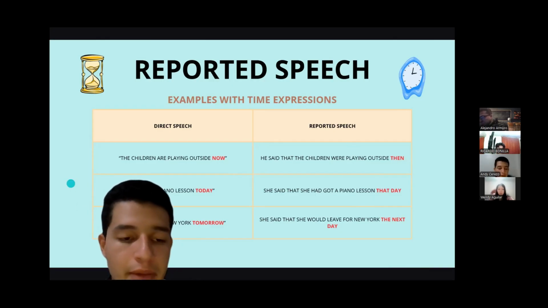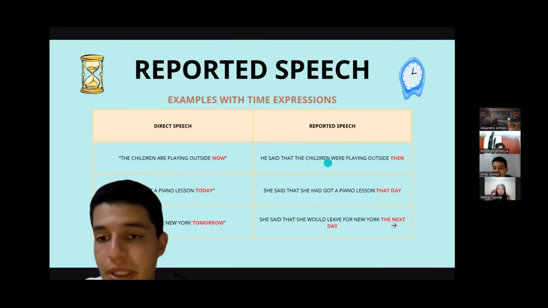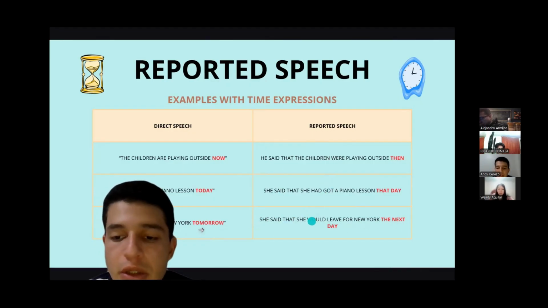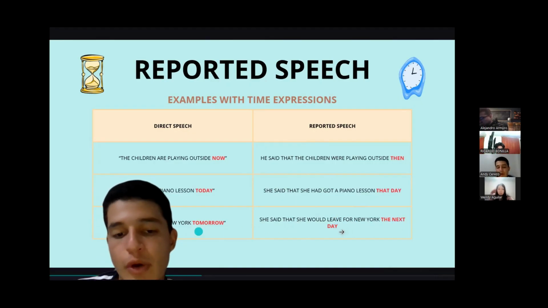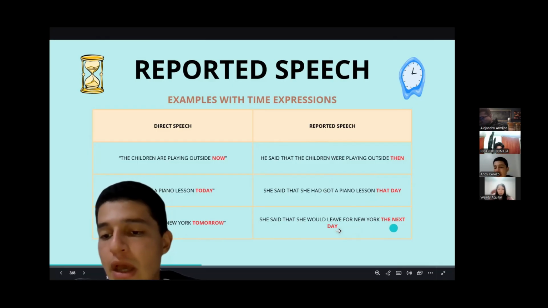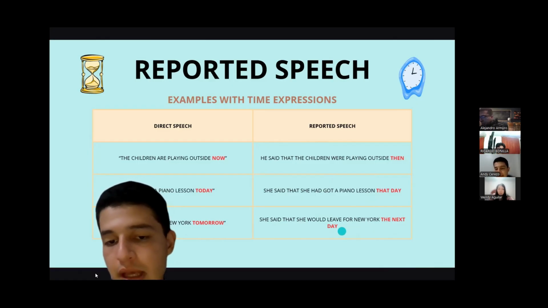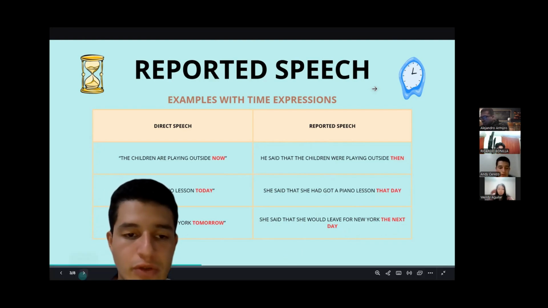And finally, a future sentence: I will leave for New York tomorrow. In reported speech: she said that she would leave for New York the next day. Tomorrow changes to the next day or the following day; there are two options.